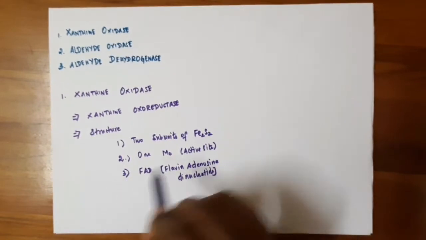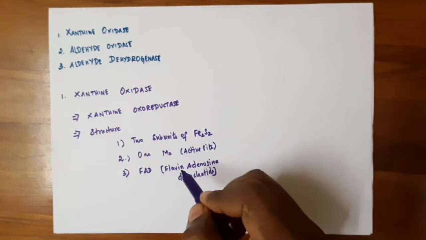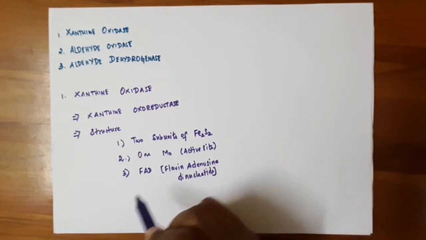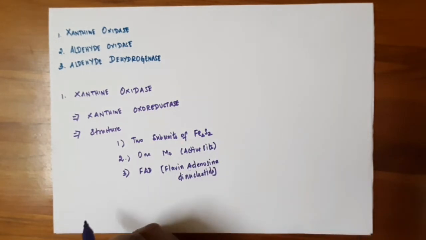Each Fe2S2 subunit is connected to the molybdenum atom, so both are connected by the molybdenum atom.